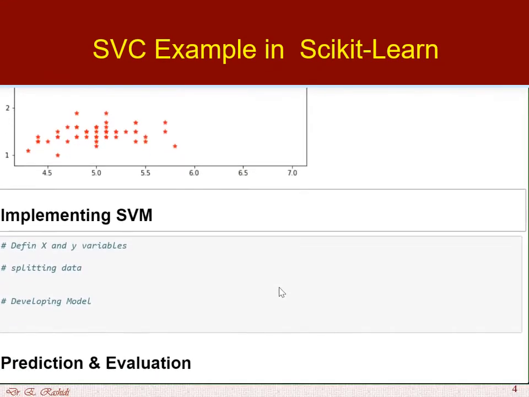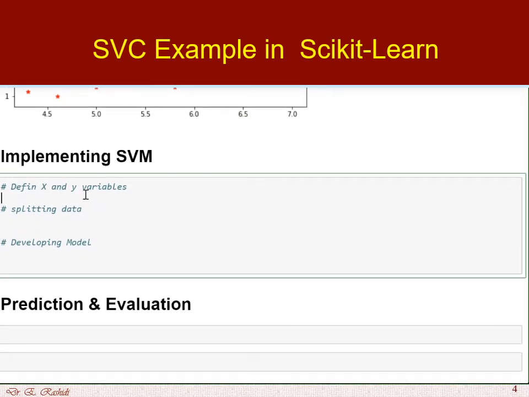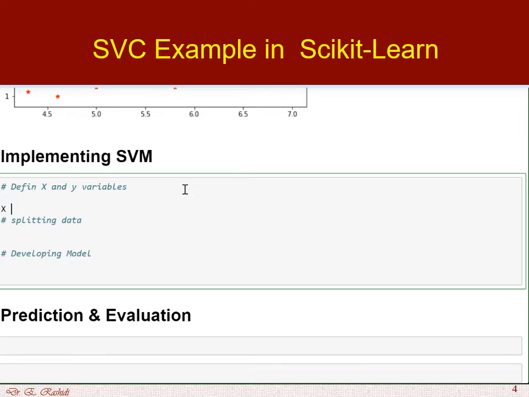I want to implement the SVM algorithm. So let's go ahead and do that. The first step is we need to define x and y variables. So our x variable, I'm going to show it by capital X because we have two feature variables, and that's going to be our dataset sepal length and petal length.